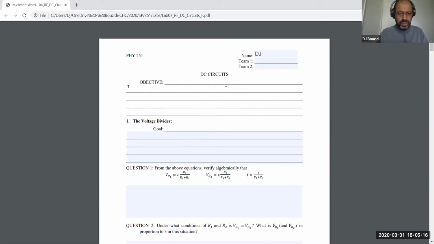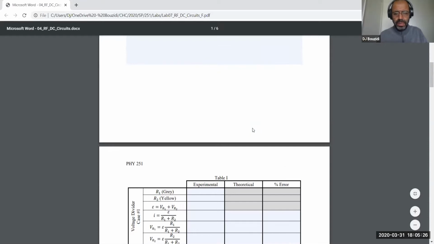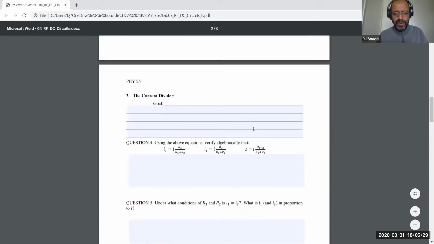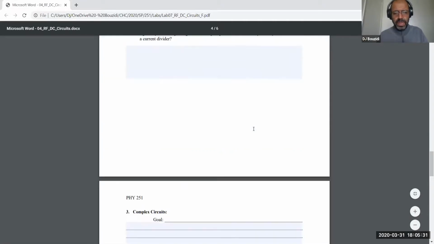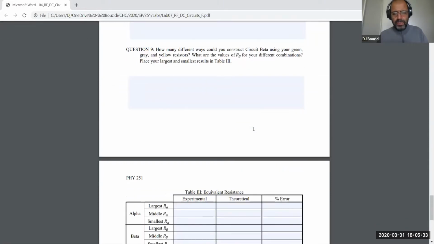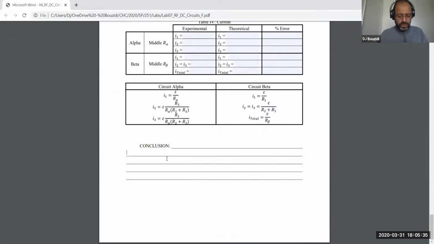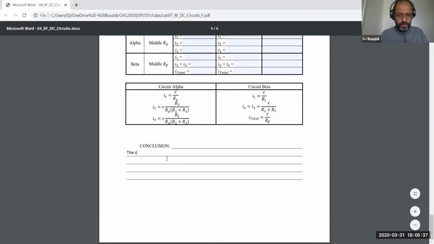So this is the objective. But because I know that this field is a required field, I'm filling the required fields only. The others really don't matter. If you don't fill them, the file will say fine. But of course, you're required to answer those questions too. So this is the conclusion.